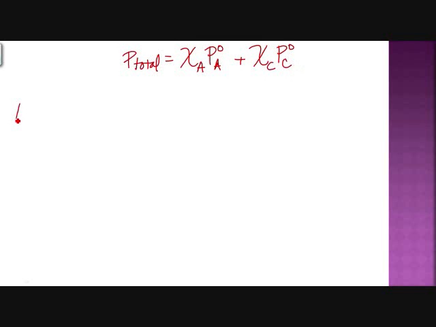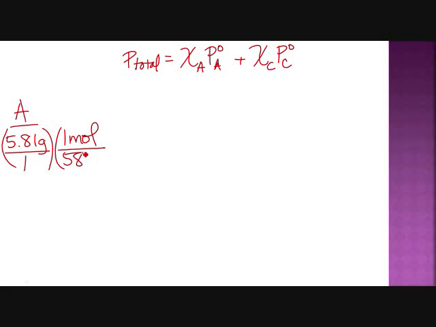Okay? So for acetone, A for acetone, I know that I have 5.81 grams. So we are going to divide by the molar mass, and we're given that the molar mass is 58.1 grams per mole. When you divide that, it's going to be 0.1 moles of A for acetone.